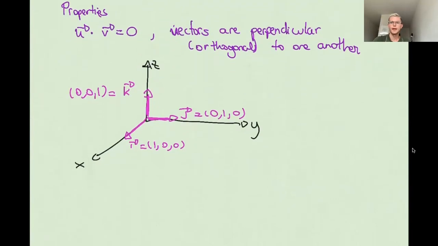One reason they are important is that, as we said last time, since they are aligned with the axes, they are mutually perpendicular. So that means that i dot j is the same as i dot k.